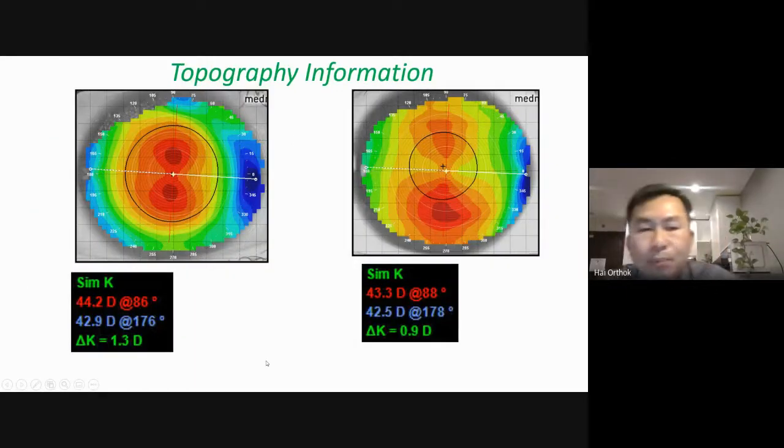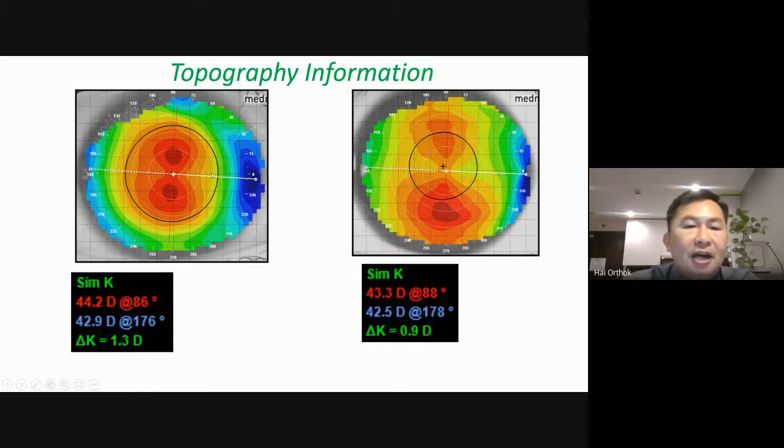When we have a topographer, for example in this situation, even though we have a delta K of 1.3 diopter, it's a central cylinder. It is within the 6 millimeter diameter, because one box is 1 millimeter.